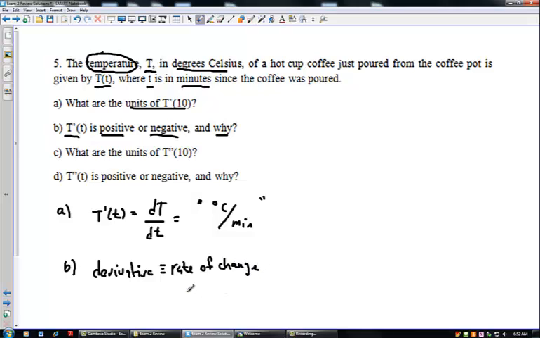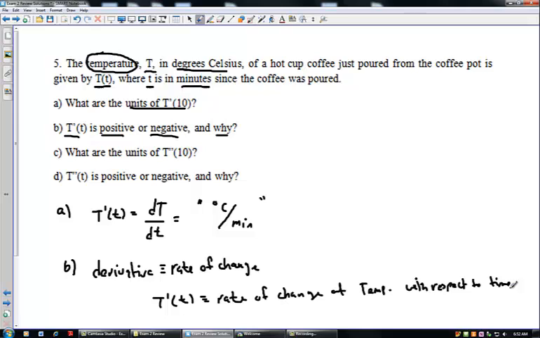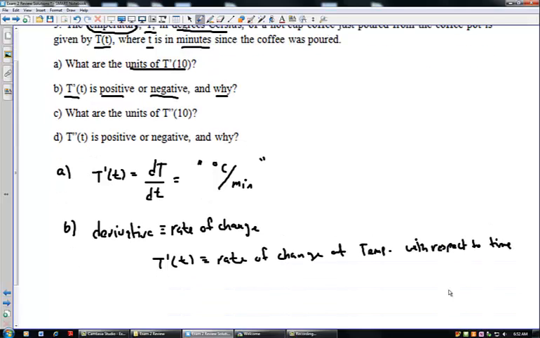And so when I think of this T prime of T, I think, oh, this is the rate of change of the temperature with respect to time. And because it's cooling, I know my answer here. Because it's cooling, T prime of T is going to be negative. So I'm going to put negative here.